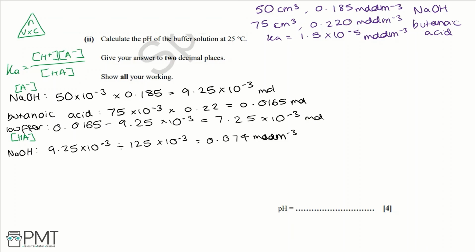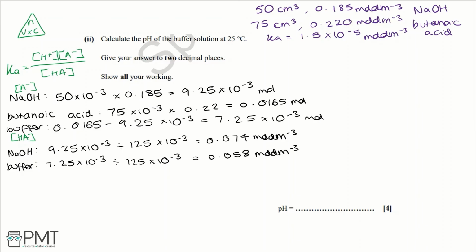So that's its new concentration in the buffer. And then for the buffer, we've got its moles, so we're going to do 7.25 times 10 to the negative 3 divided by 125 times 10 to the negative 3, and that equals 0.058 moles per decimetre cubed.